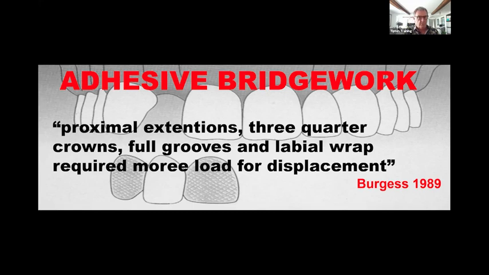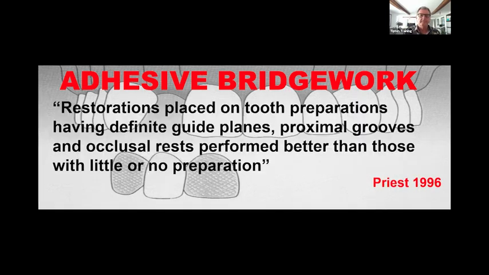Not reversible completely, because there'd be some strange shapes on the tooth, but no dentine exposed. And again, restorations placed on tooth preparations, as we've mentioned, have got better success rates, better longevity. Our studies show us that.